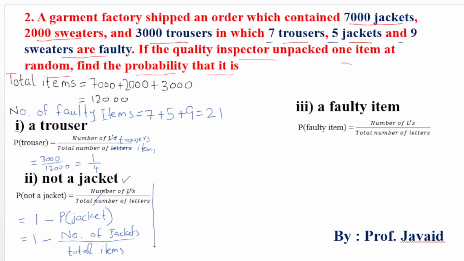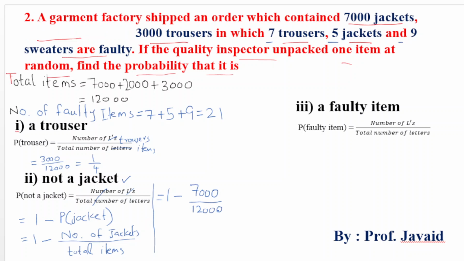So I will solve this over here. 1 minus the number of jackets. How many jackets are there? 7,000 jackets are there. So these are the faulty ones. So let's write 7,000 and divide by the total items, which are 12,000.